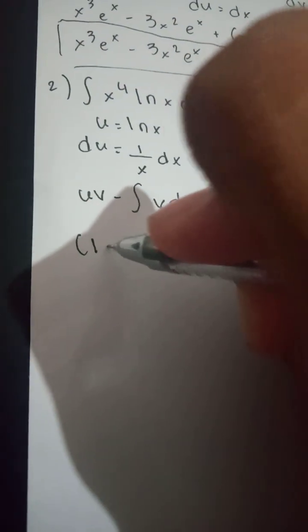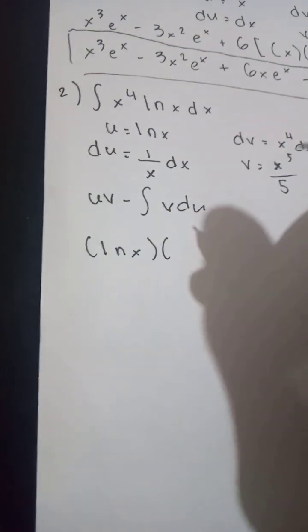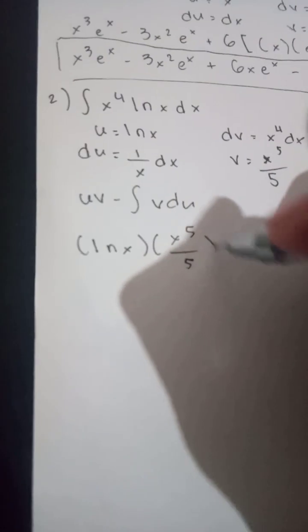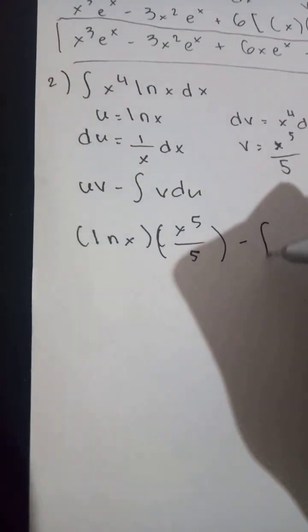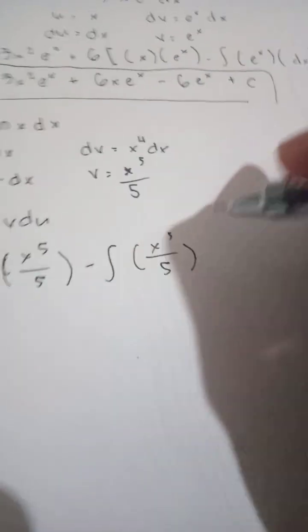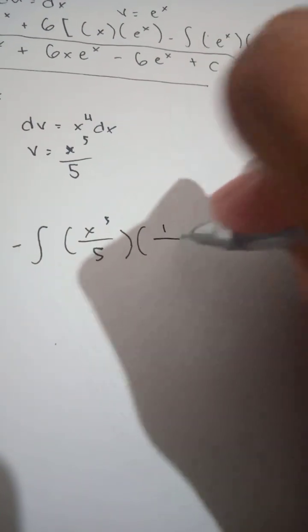So ln x, and then v is x to the 5th over 5, subtracted by the integral of x to the fifth over 5, and then 1 over x dx. Now multiply them together, which will come out x to the 5th and x over 5.